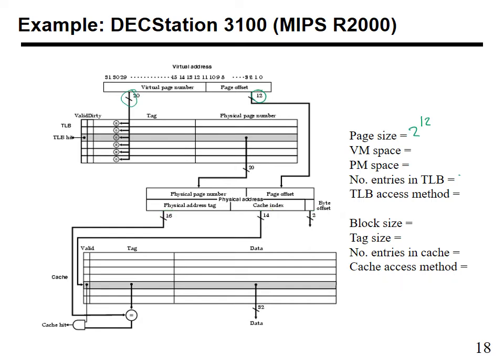For the virtual memory system, the page size is, because the page offset is 12 bits, 2^12, which is 4K bytes. The number of entries in the TLB, you can see visually, is 8 entries. The TLB access method is a fully associative cache. As you can see, the virtual page number from the memory address is compared to all the tag values in the TLB entries. So it is a fully associative cache.